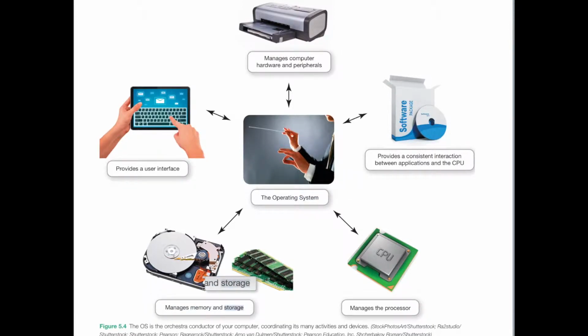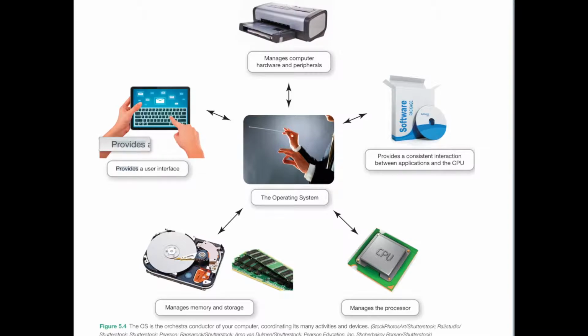It also manages memory and storage, which is exactly what it sounds like. Memory is temporary storage, where temporary actions are set aside so that things run faster. Long-term storage is where you keep all your stuff when you turn things off, where your photos and your music are stored when you're not using them.